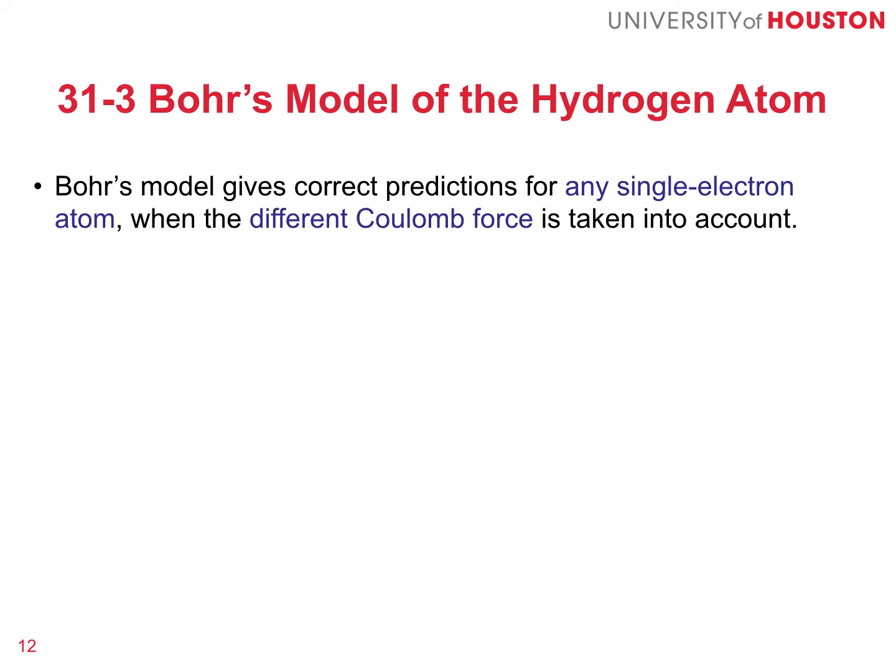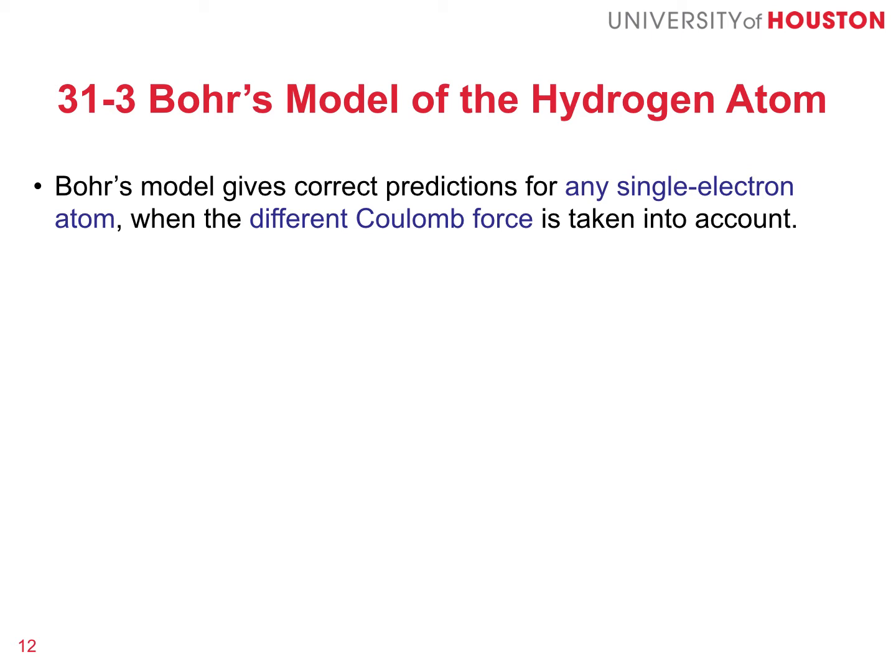Now, the Bohr model can not only be applied to the hydrogen atom, but it can be applied to any single electron atom by taking into account the different Coulomb force. And the different Coulomb force will come about from an increase in the number of protons for the nucleus.